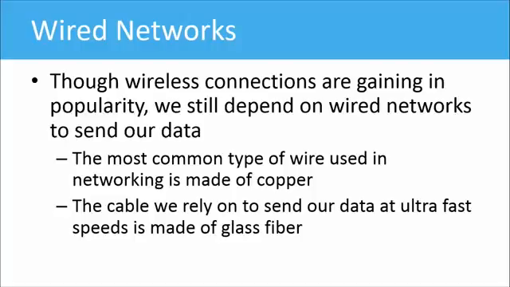The most common type of wire used throughout networking is made of copper. It's called a twisted pair cable. And the cable that we rely on to send our data super long distances at ultra fast speed is made of glass fiber. And that fiber transmits data via light.